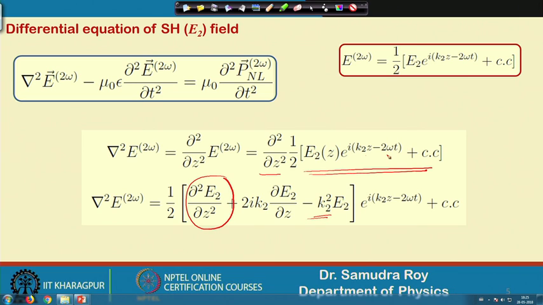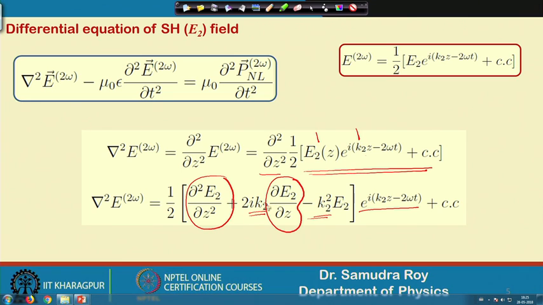Since we have the e to the power i k z 2 omega term all the time, we take this term common. What are the other terms? The other term is 2 times the derivative of the individual terms: the derivative of this term, and the derivative of this term. When we take the first order derivative of this term, i k2 will be here.